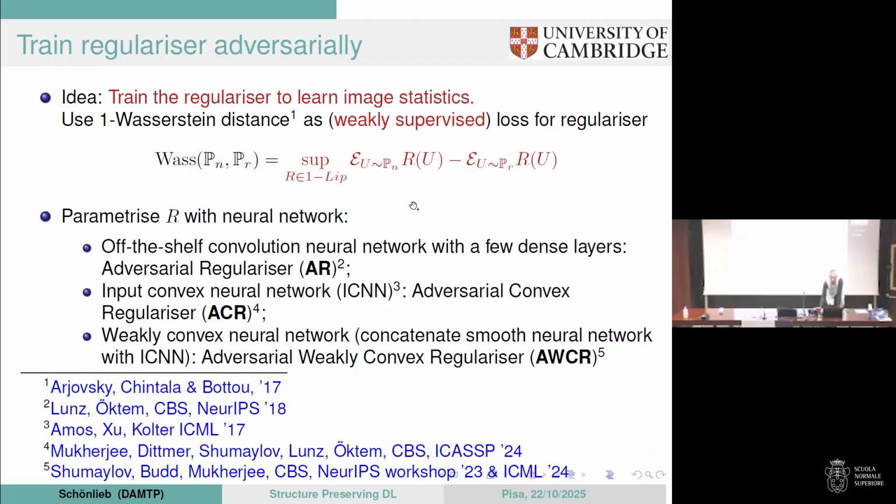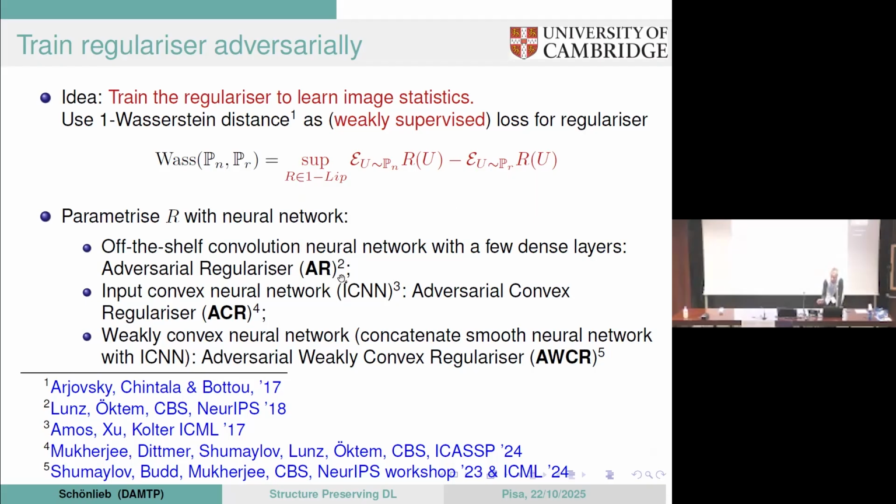And how do neural networks come in? They come in in how we parameterize this regularizer R. And this is also where the structure preservation comes in directly in how you design the neural network, because you can now reflect the properties you want to have on R in the neural network parameterization that you are choosing.